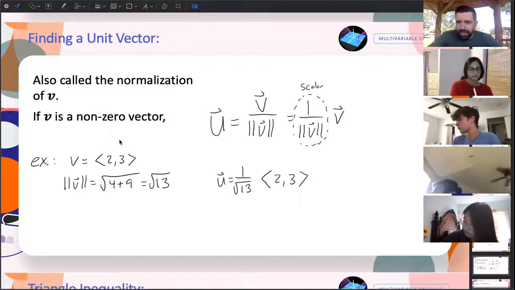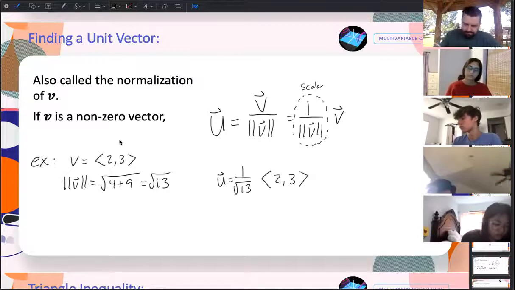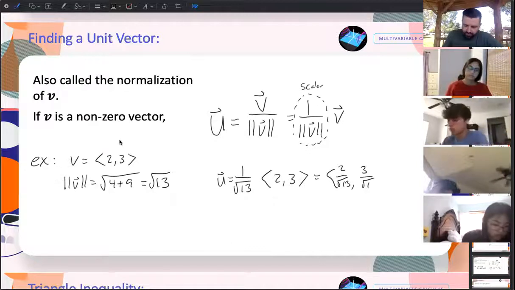As far as simplification goes, you should try to simplify as much as you can in this class. Last year, the only reason we never simplified was an AP testing strategy. So you should still be simplifying. This is simplified enough. You could also write this as 2 over square root of 13, 3 over square root of 13.